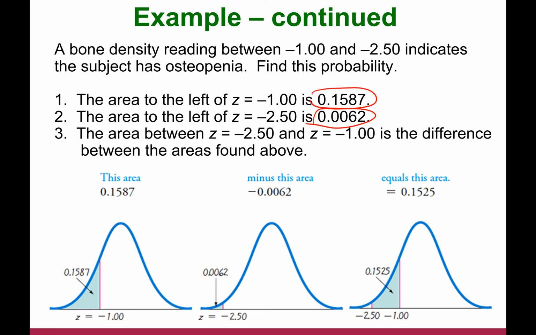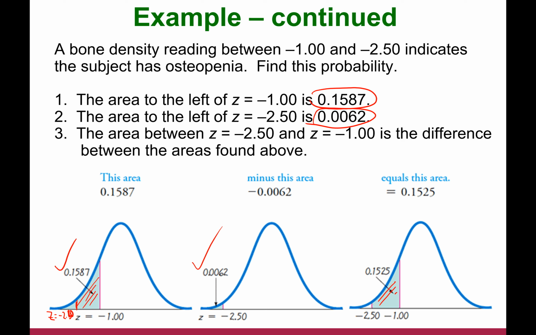Since we're looking for the area in between, we use the bigger area and subtract the smaller area. So this smaller area goes here, negative 2.50. Then we get the desired area in between.